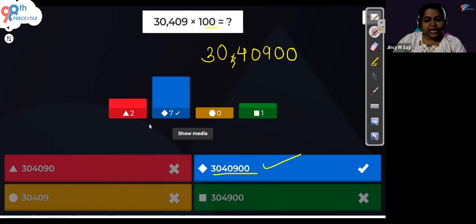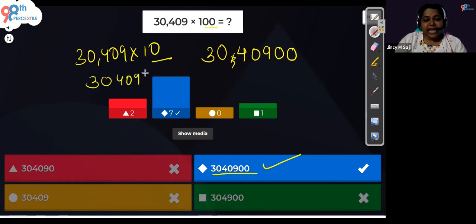If it is 30,409 times 10, there is only 1 zero, so your answer would be 304,090. You add as many zeros as there are. It is only in the case of the powers of 10, 100, 1,000. Is it clear to everyone?